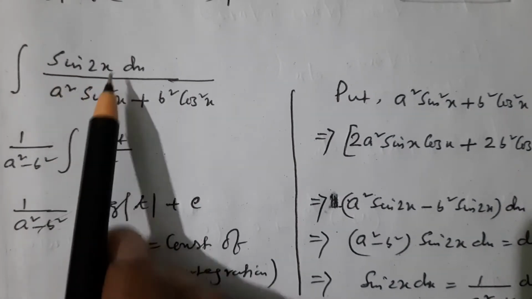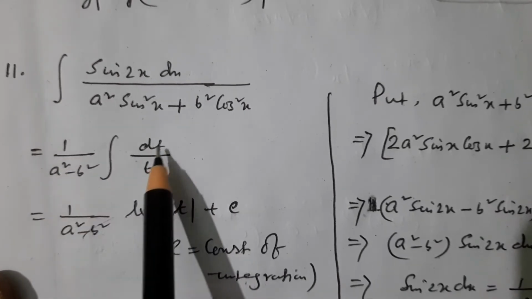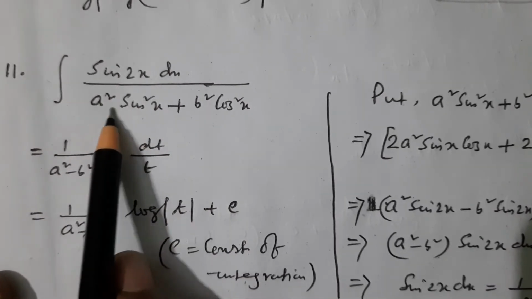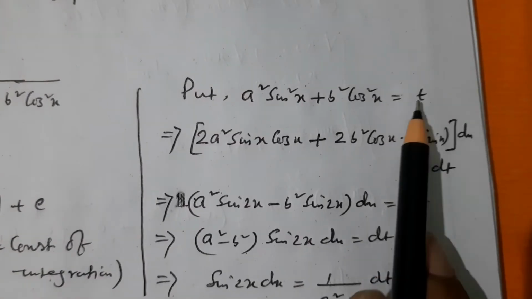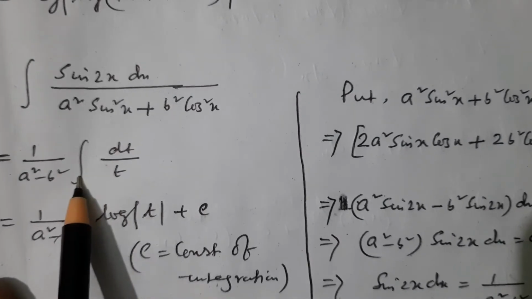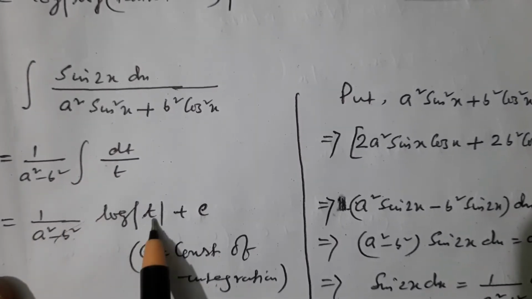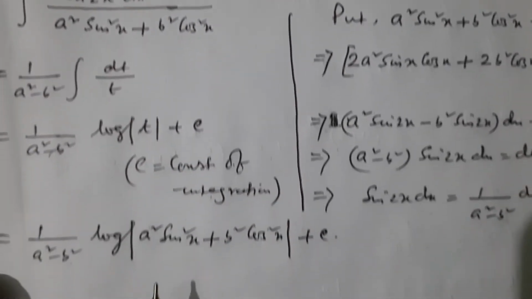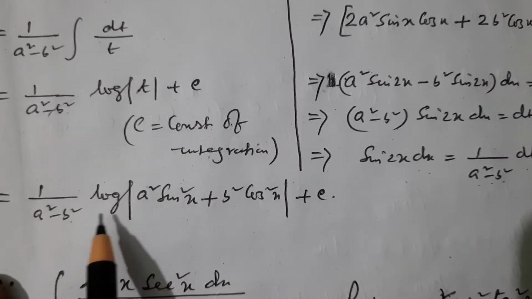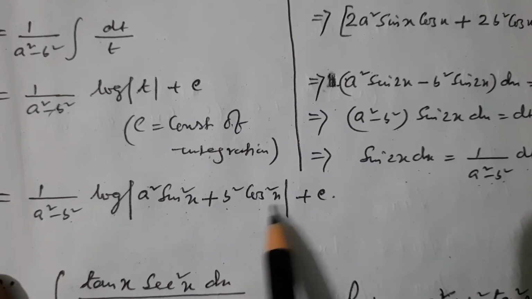So 1 by a square minus b square into dt by a square sin square x plus b square cos square x, which we substitute as t. We integrate: 1 by a square minus b square into log of mod of t plus c, where c equals constant of integration, and we substitute the value of t: 1 by a square minus b square log of mod of a square sin square x plus b square cos square x plus c.